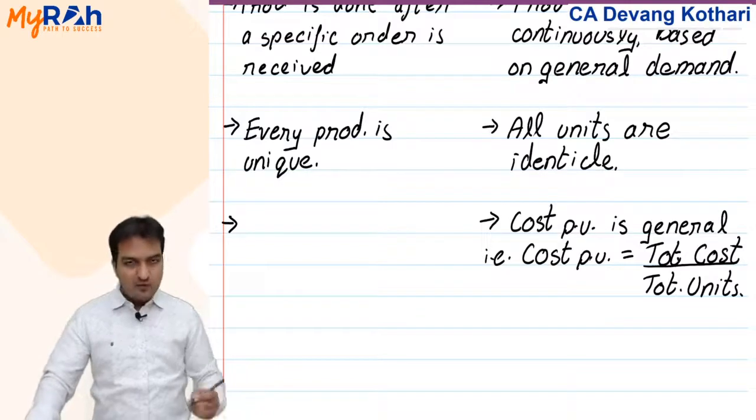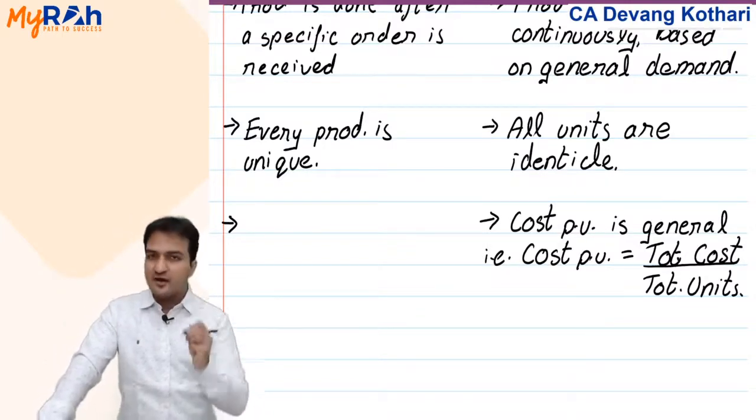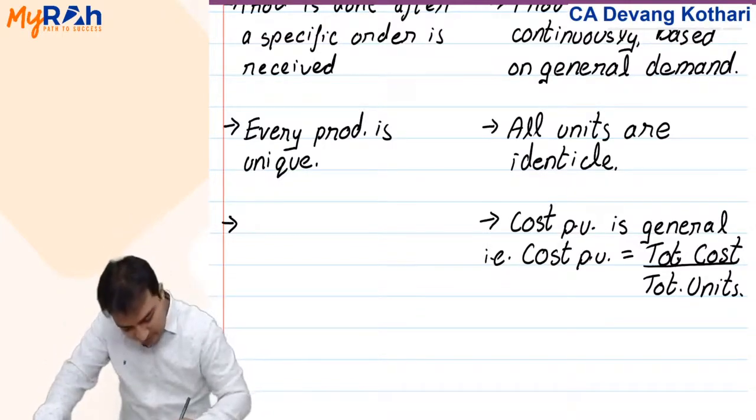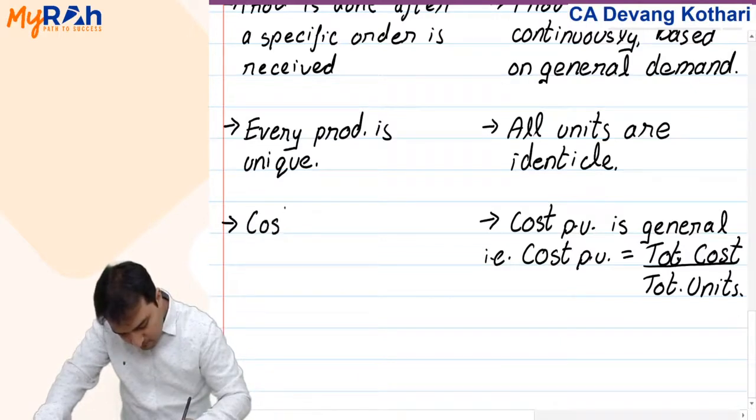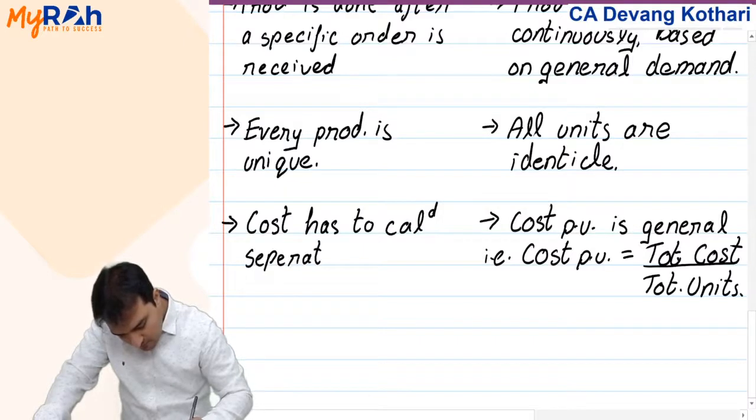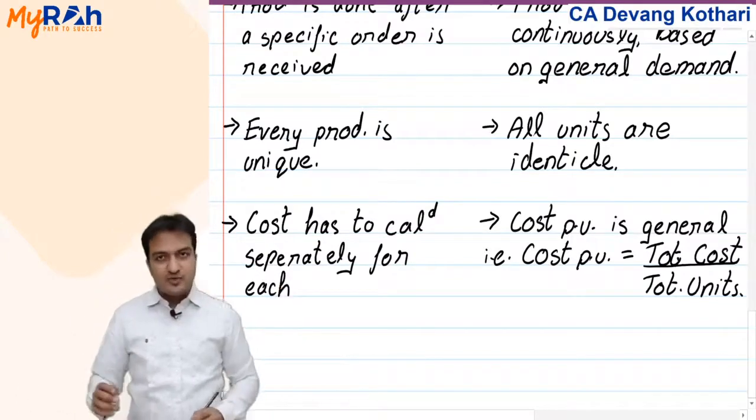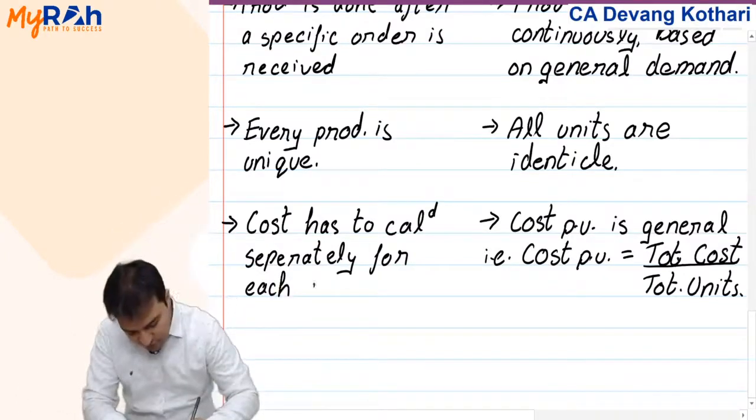Hence, for each order, I need to decide cost per unit also separately. So, cost has to be calculated separately for each order.